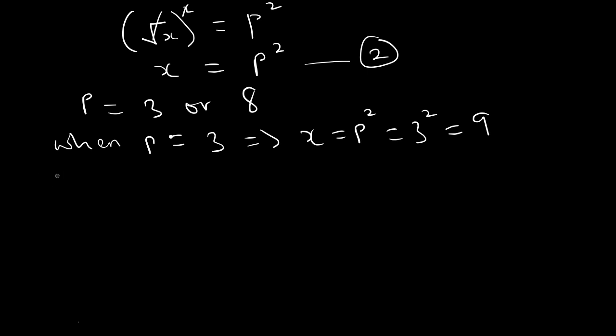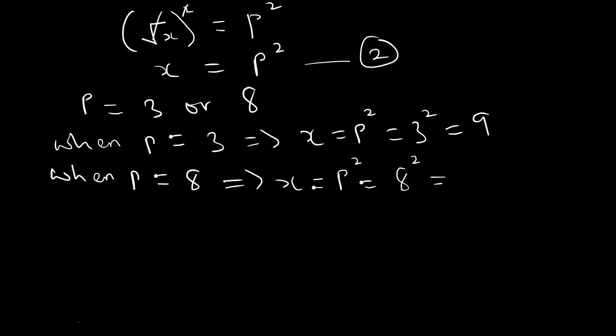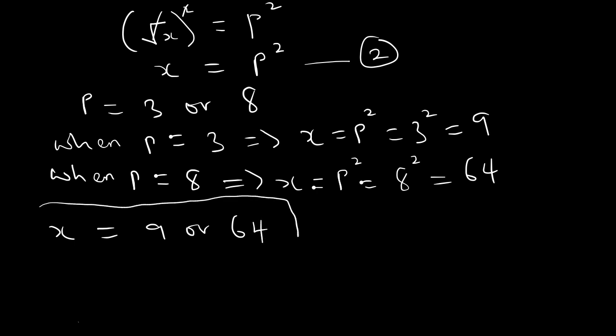And the second case, when p is equal to 8, it implies that x will be equal to p squared, which is equal to 8 squared, and that will give us 64. So x is equal to 9 or 64. This becomes the solution to this equation. So x is equal to 9 or 64.